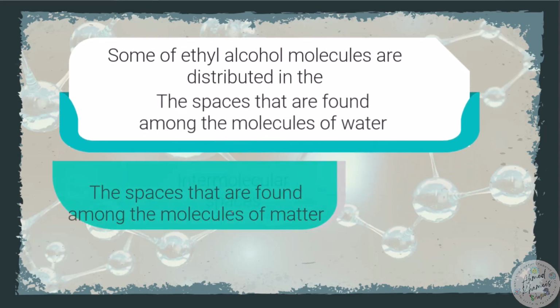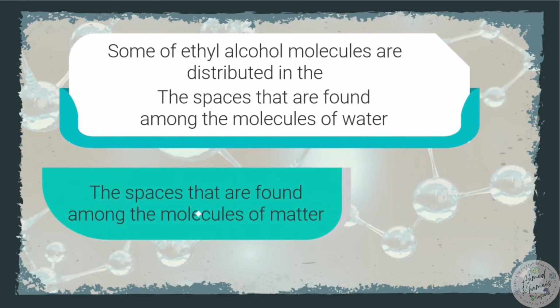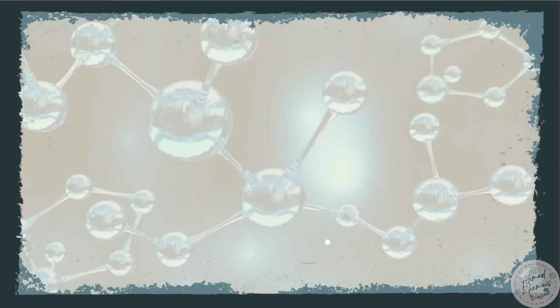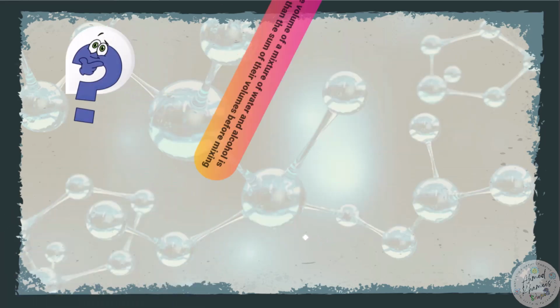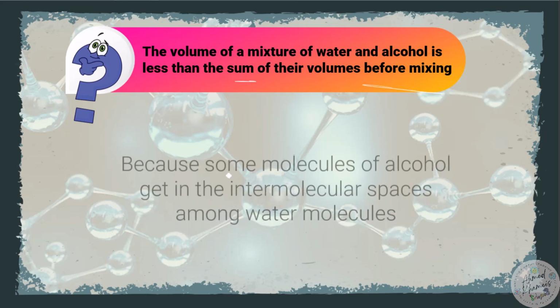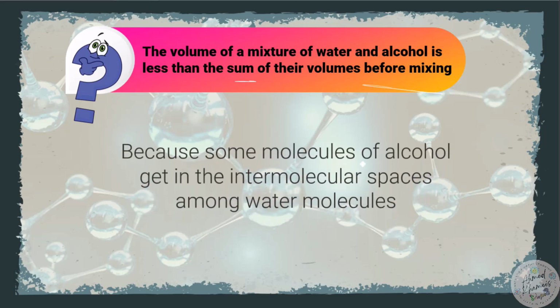We call these spaces found among the matter intermolecular spaces. So why is the volume of a mixture of water and alcohol less than the sum of their volumes before mixing? Because some molecules of alcohol get into the intermolecular spaces among water molecules.